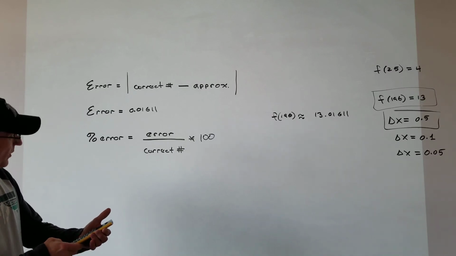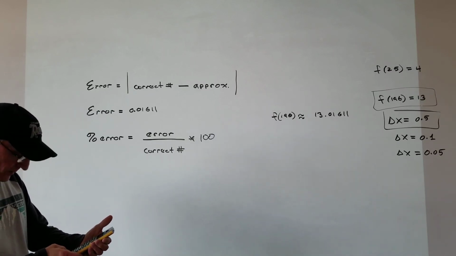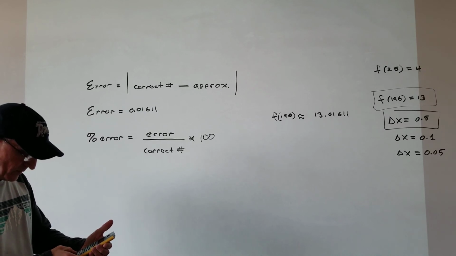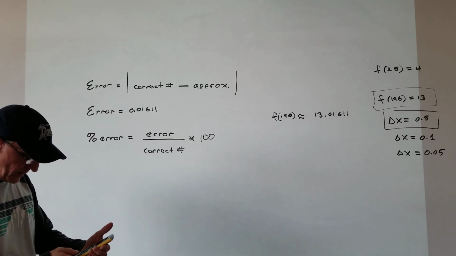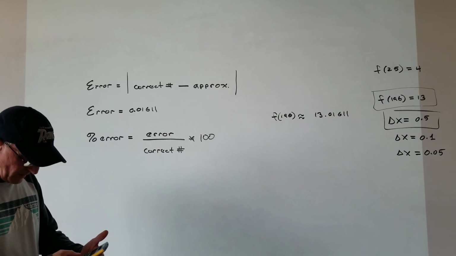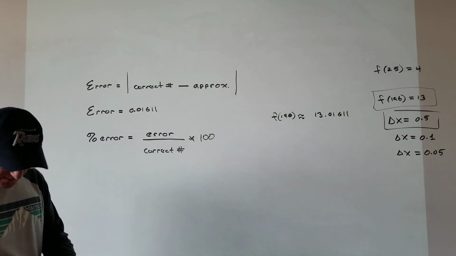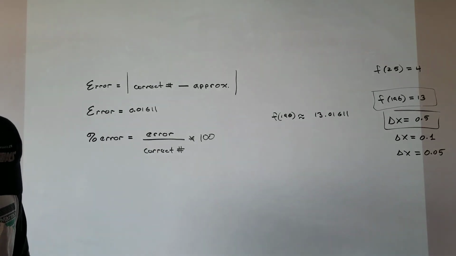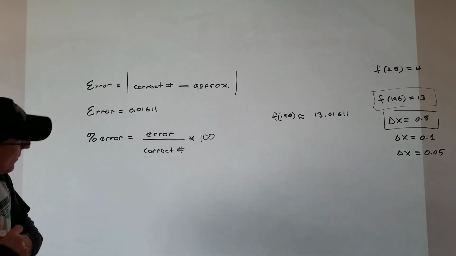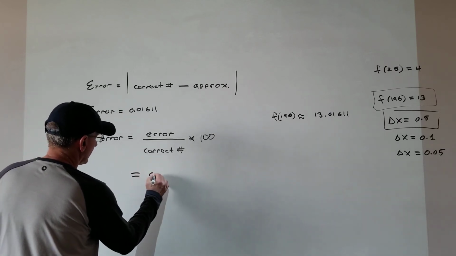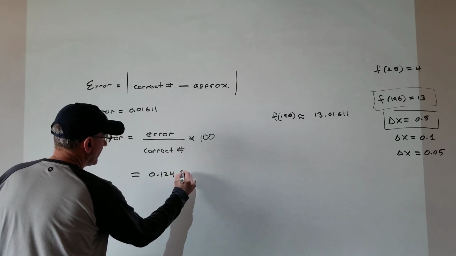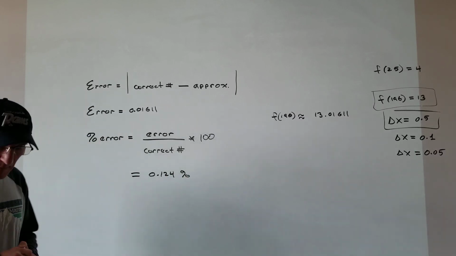We have 0.01611 divided by 13 times 100. And the answer is 0.124. And don't forget to say percent, otherwise you're not being correct about it.